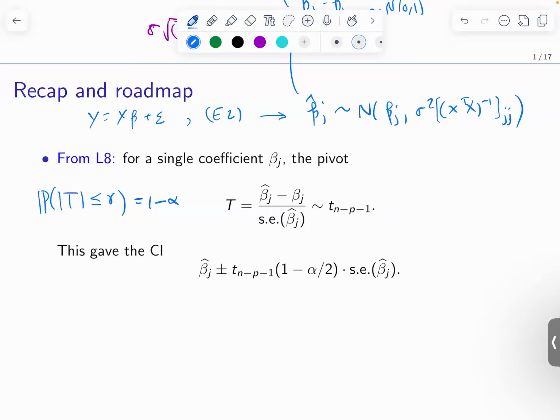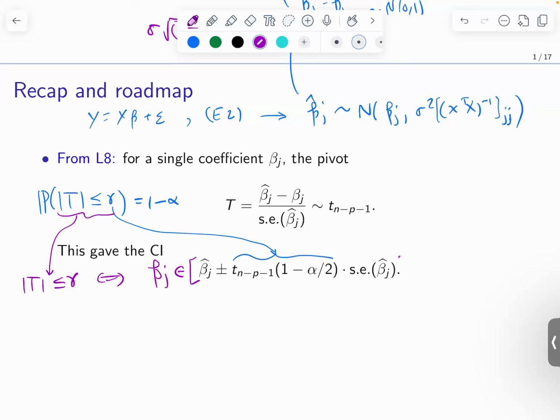And so this gamma turns out to be this particular quantile of the t distribution, as we argued last time. And so when you rearrange this event, it would just be equivalent to saying that basically beta j belongs to this kind of interval.